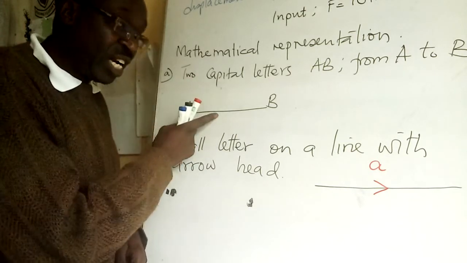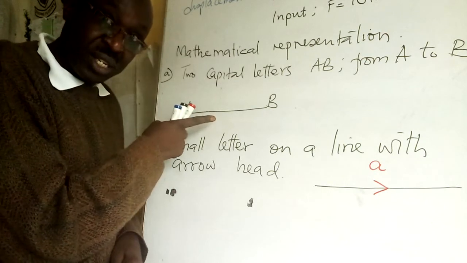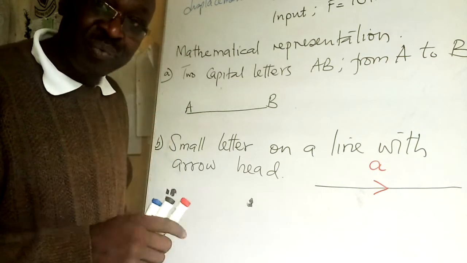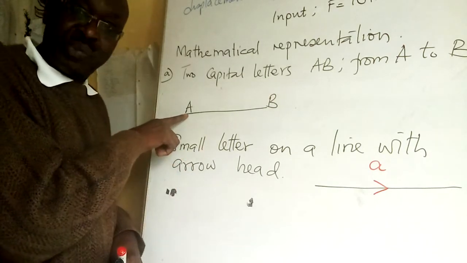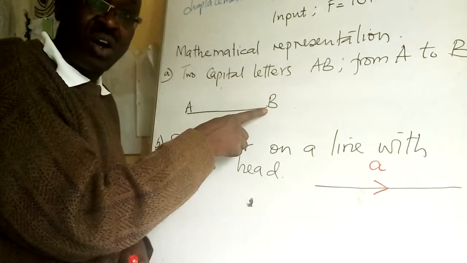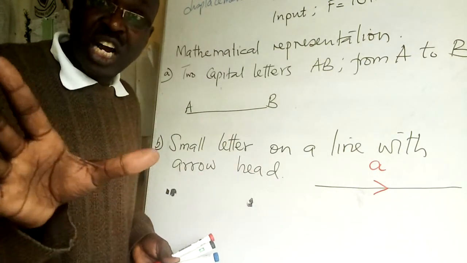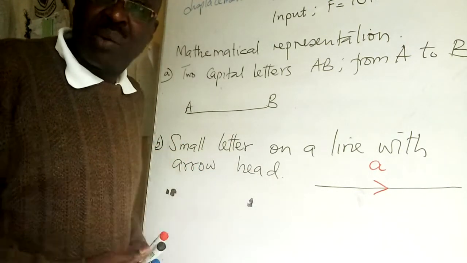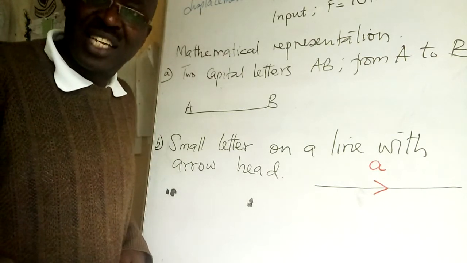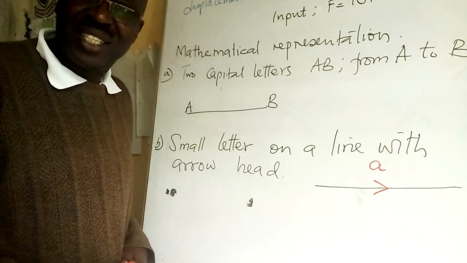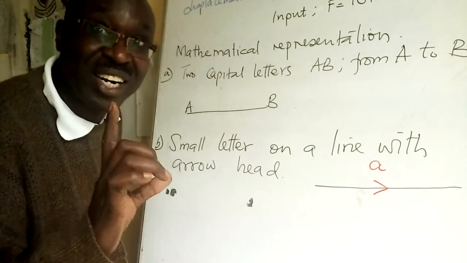The only thing it has so far is size, because the length can be measured from here to here or from here to here. It doesn't matter. Length can be measured, but it has no direction so far. The way it is, there are 2 possible directions.